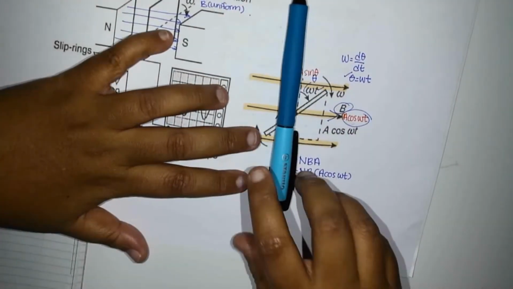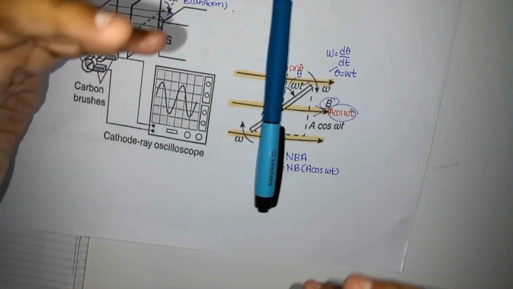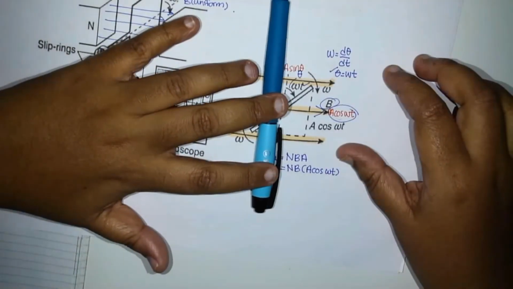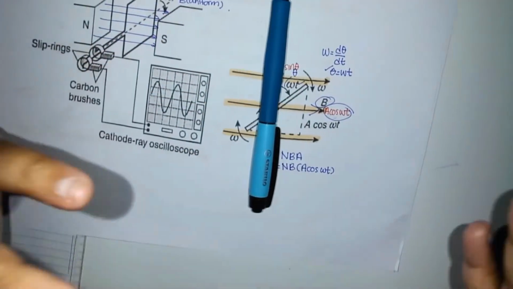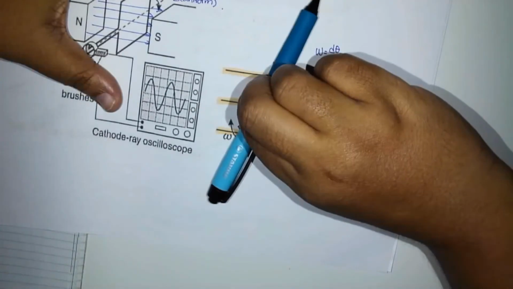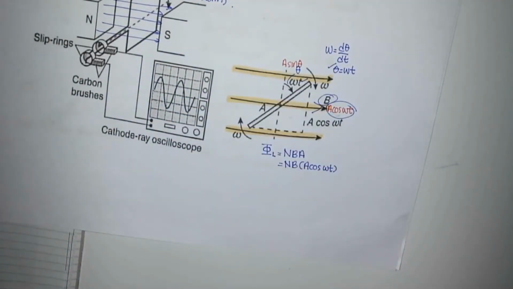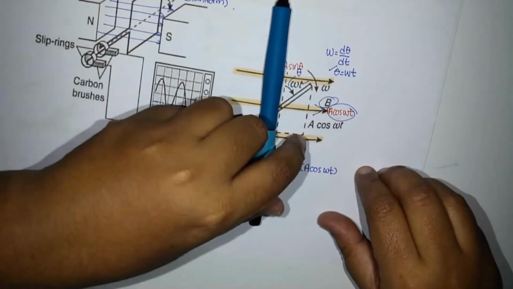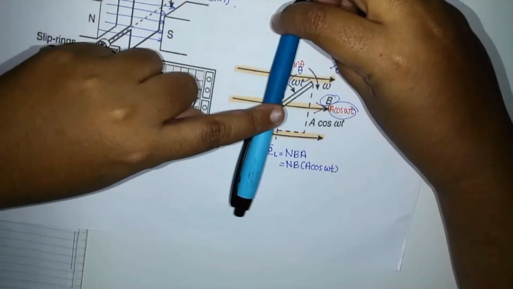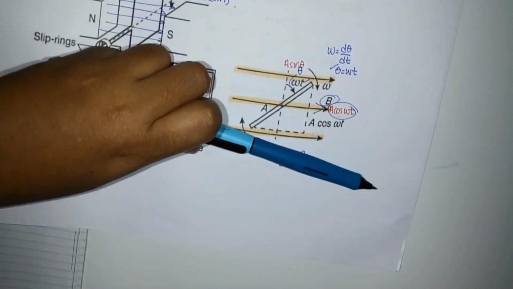So in order for an EMF to be induced, the coil has to cut through the field. And the way to cut through the field is by rotating the coil. Then only can EMF be induced in this example. So when the coil is rotated, it cuts through the magnetic field.